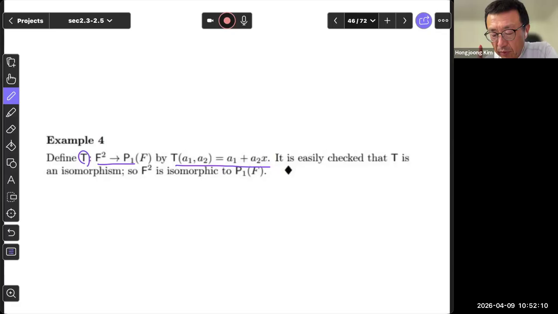So this T is an isomorphism, and we say the domain F2 space is isomorphic to P1 space. Isomorphic. So that means when you observe certain events in F2 space, you will find a similar observation in P1 space, and vice versa.